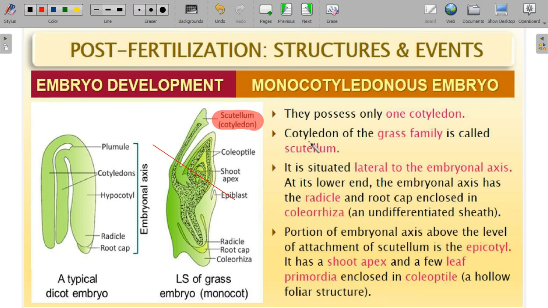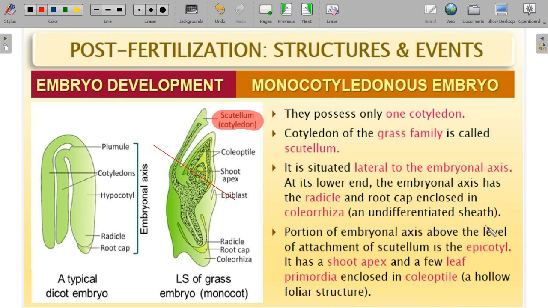We know that scutellum is the only cotyledon. It is called scutellum in the case of the grass family, and grass is a monocot. It is situated lateral to the embryonal axis. The lower end of the embryonal axis is called the radicle, and the radicle is covered by the root cap, and it is covered by the coleorhiza, which is an undifferentiated sheath.